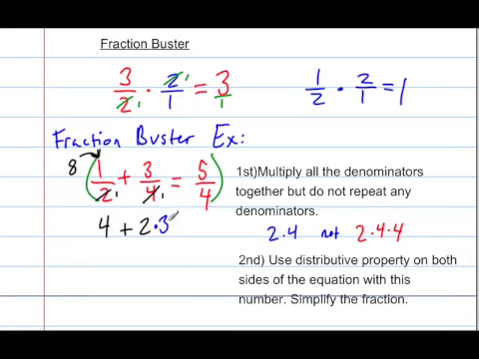And I'm going to say times what's equal up here, 5. So now we have 4 plus 2 times 3 is 6, which is equal to 10. 10 is equal to 10.